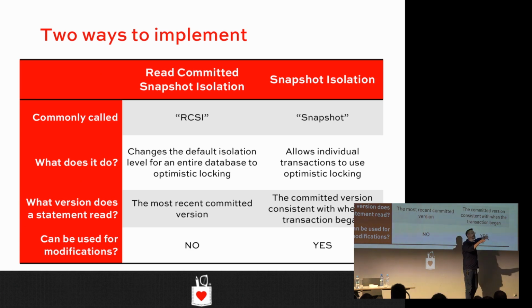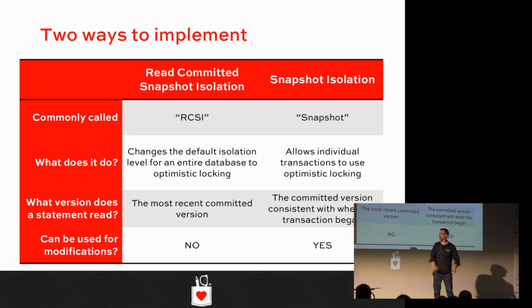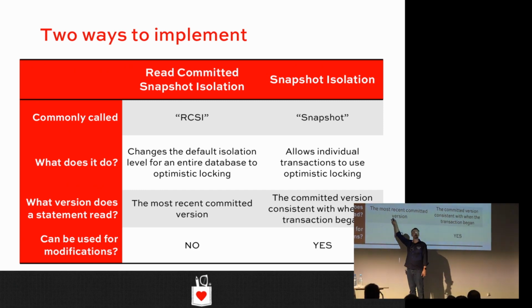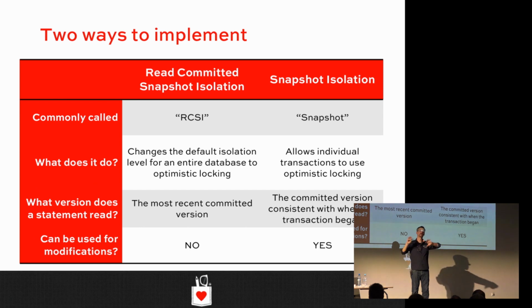You have to say at the beginning of your transaction, set transaction isolation level snapshot. This lets whatever selects you want start getting their data out of the toilet. The one over on the left-hand side turns on everyone's isolation level to read committed snapshot by default. So everyone starts getting their data out of the toilet right away, whether they asked for it or not.